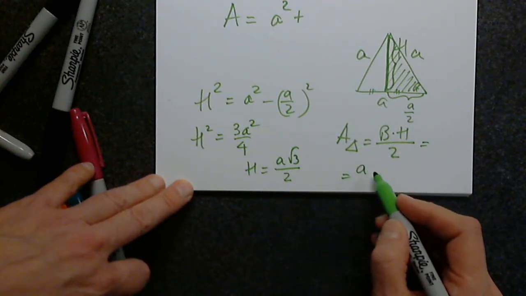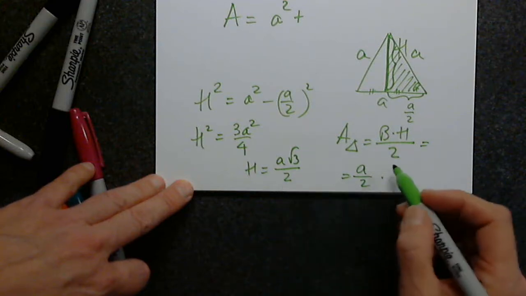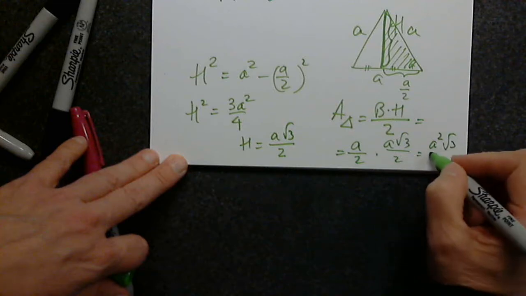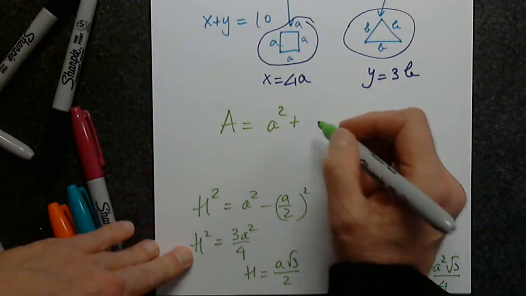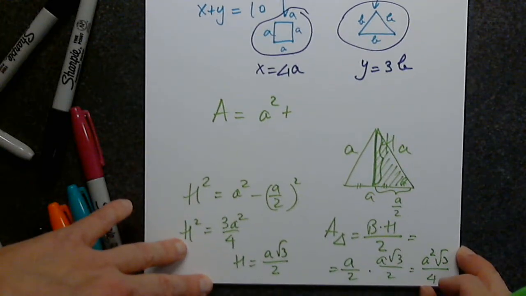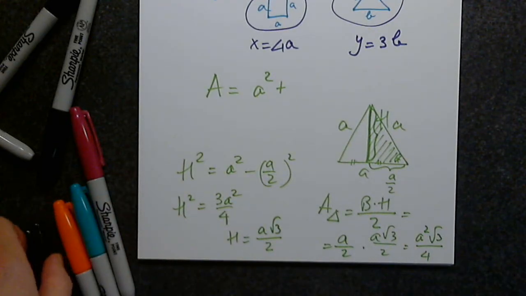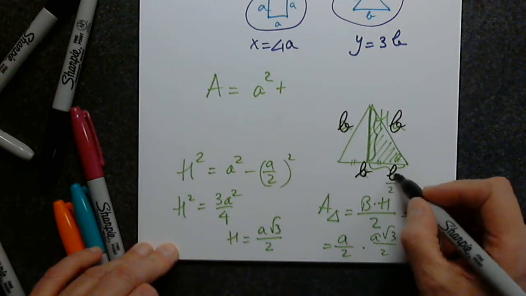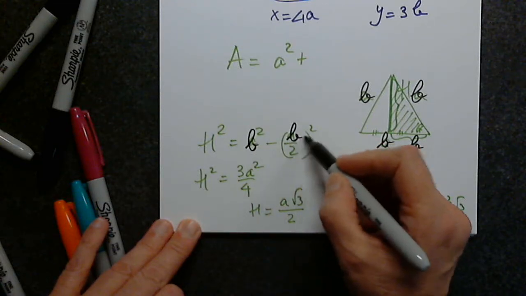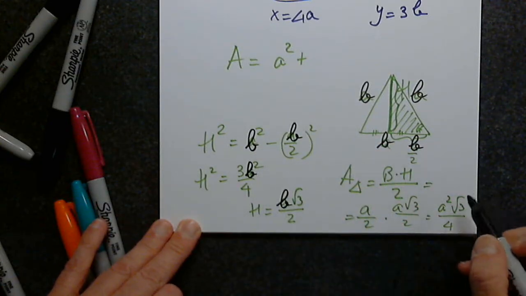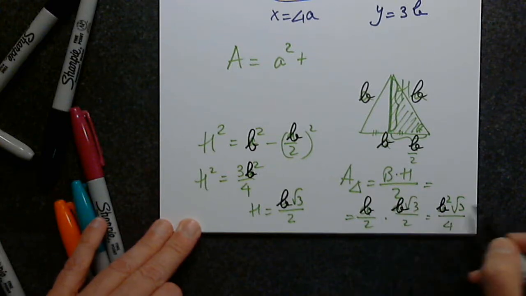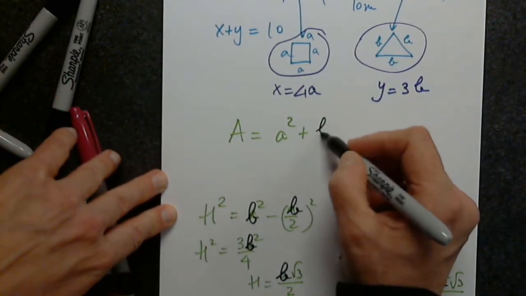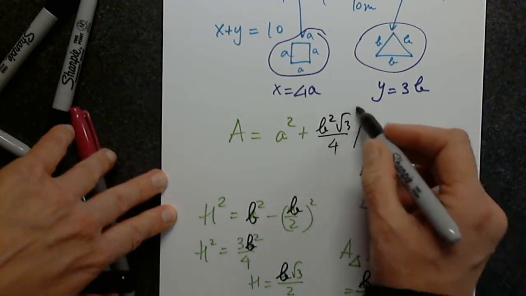So the base is A over 2, and the height is A the square root of 3 over 2. So this is A squared the square root of 3 over 4, and this is the area right here. I'm sorry. It's B. It's a triangle. We're not talking about A. Sorry about that. So it's B squared the square root of 3 over 4.